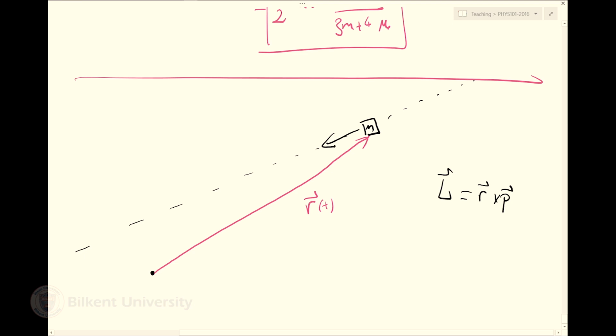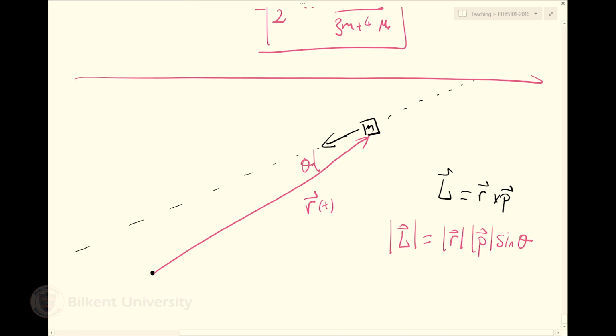So how come angular momentum is conserved for this system? Let's see. Not only is R changing, if I look at the angular momentum magnitude, that R P is R magnitude, P magnitude times sine theta.